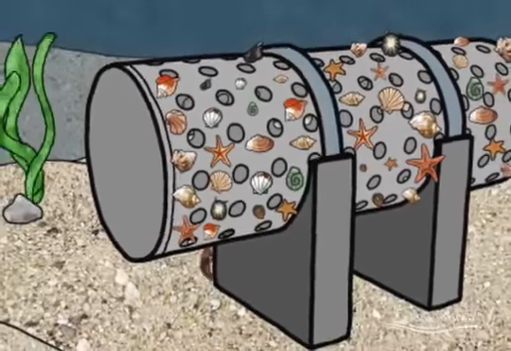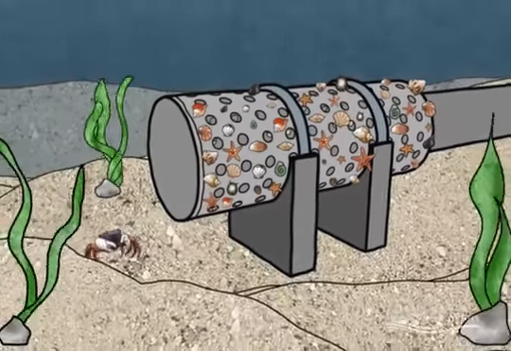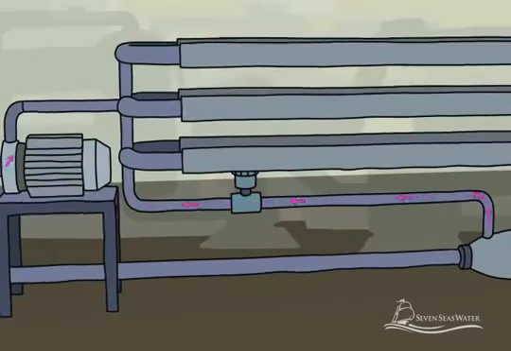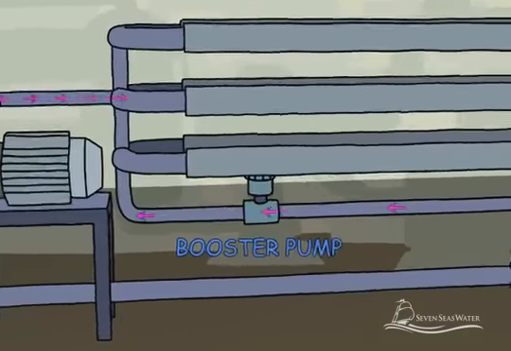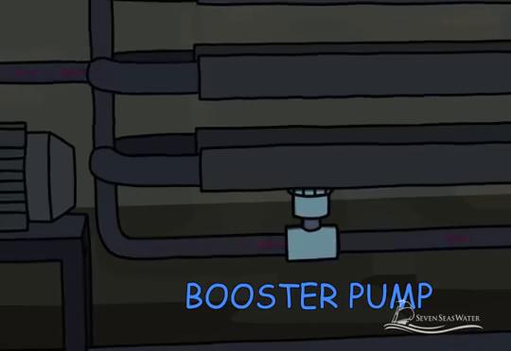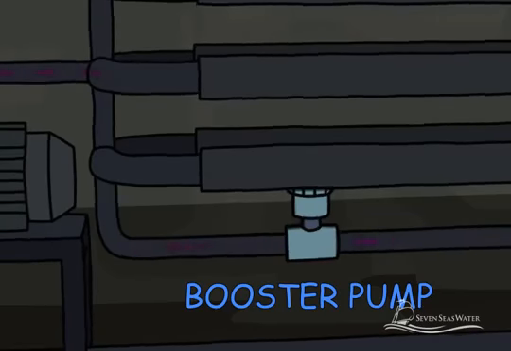In a properly designed brine outfall, no noticeable increase in salinity can be detected at a distance of a few meters from the discharge. The pressurized seawater leaving the energy recovery device has its pressure boosted by a small booster pump so that it is at the same pressure as the seawater leaving the high-pressure pump. The boost is necessary as some pressure has been lost as the stream travels through the reverse osmosis system.